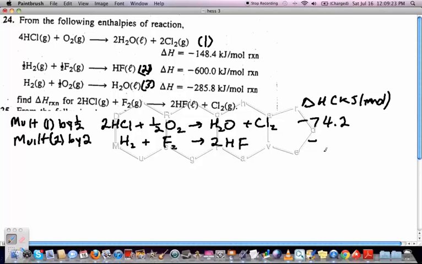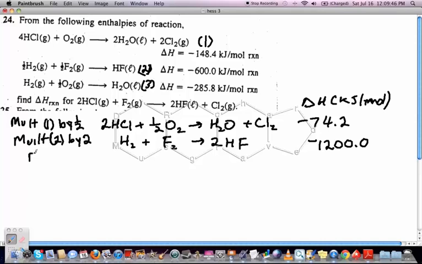And my delta H now will be minus 1200.0. Just a note about significant figures here. If I'm multiplying a reaction by 2, that's a counting number, and that's really like saying minus 600.0 plus minus 600.0. So I can see that I'm going to have 1 decimal place, 1 decimal place. I'll end up with 1 decimal place over here as well.